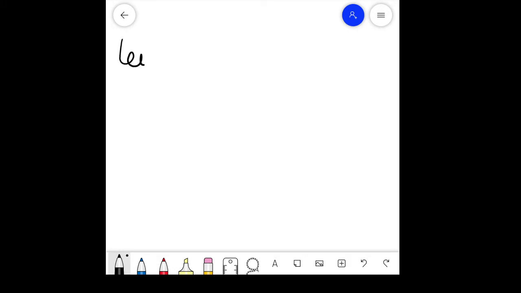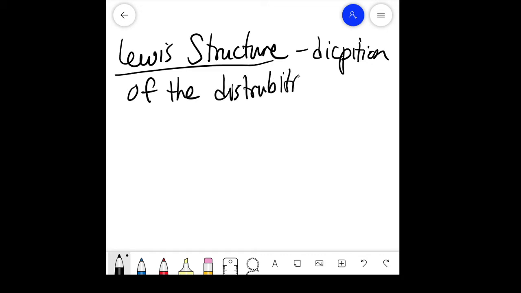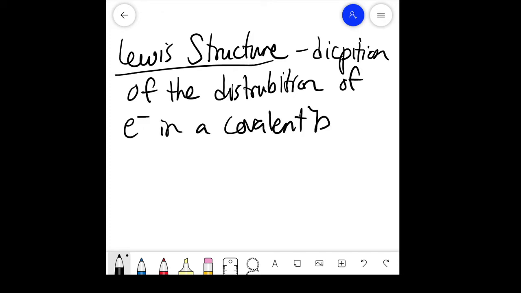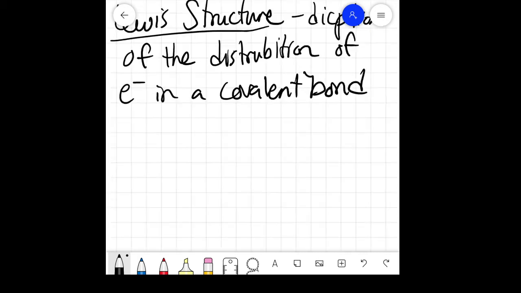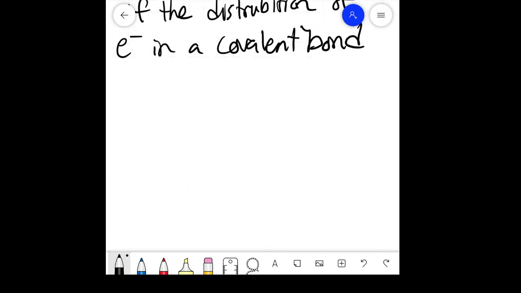So what a Lewis structure is, it is a depiction of the distribution of electrons in a covalent bond. So these just show how the elements would be set up in covalent bonds.